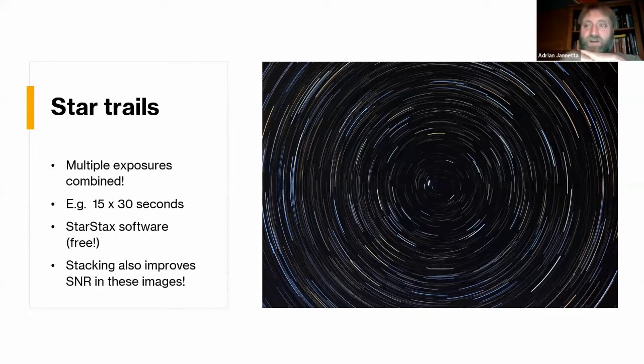If you did a 7.5 minute exposure rather than 15 30-second ones, you would get the sky just blown out with light pollution. You would see virtually nothing, not even stars. But if you do shorter exposures and add them together, you can counteract light pollution. So StarStax is a really nice free piece of software to do star trails with.